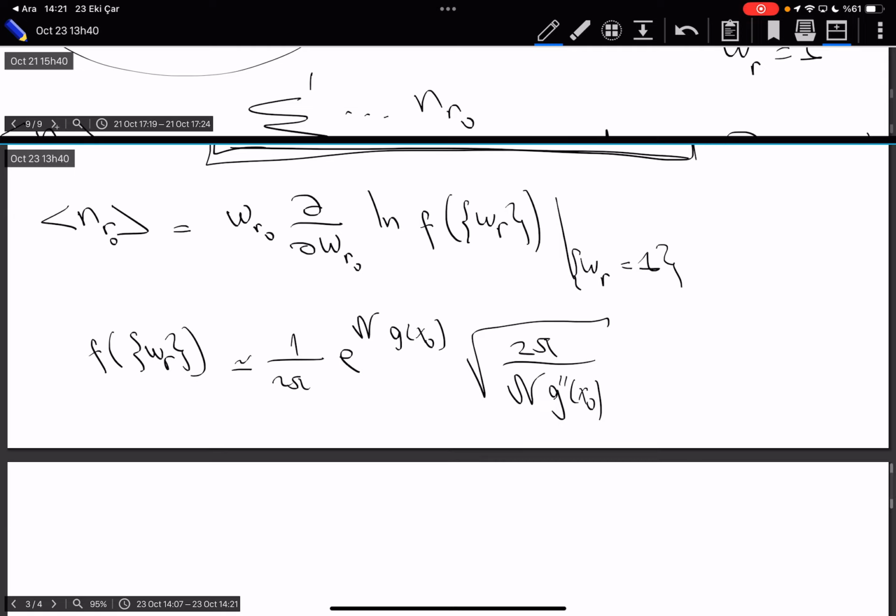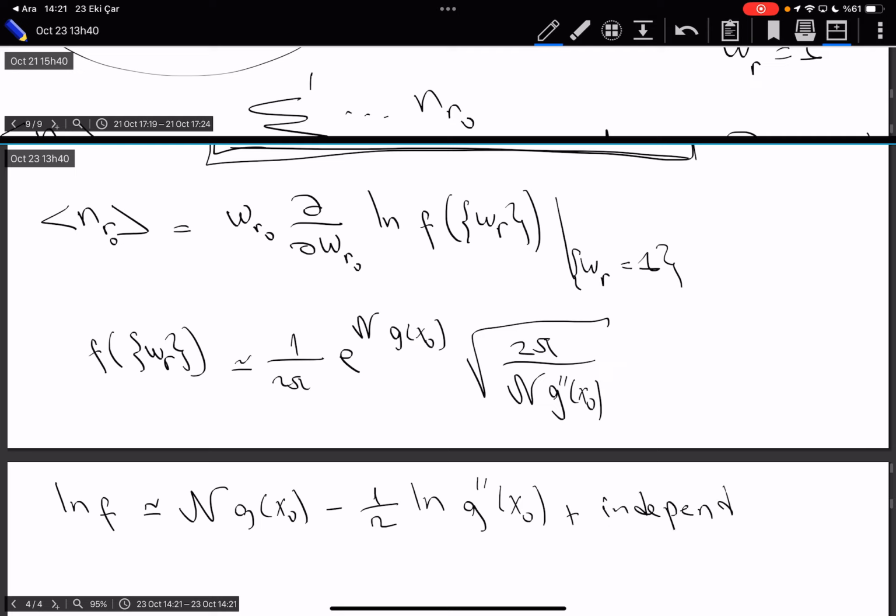So the logarithm of f will be n times g of x0 minus 1 over 2 logarithm of g double prime of x0 plus other terms independent of x0.